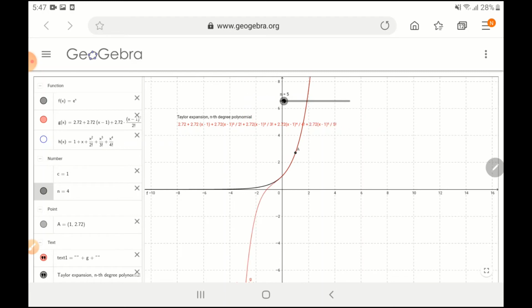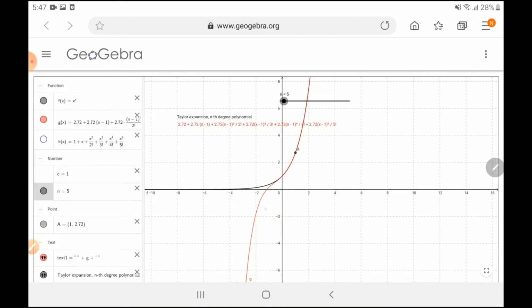When we add more terms, you can see our expansion clearly over here: e plus e times (x minus 1) plus e times (x minus 1) squared over 2, and so on up to the power of 5.